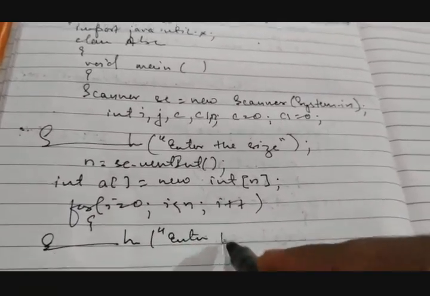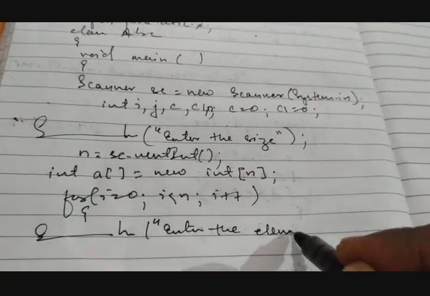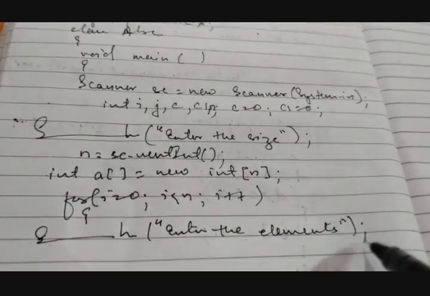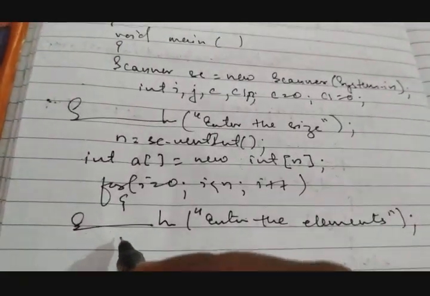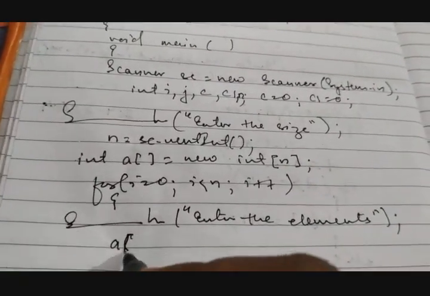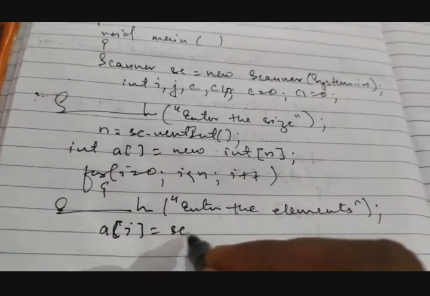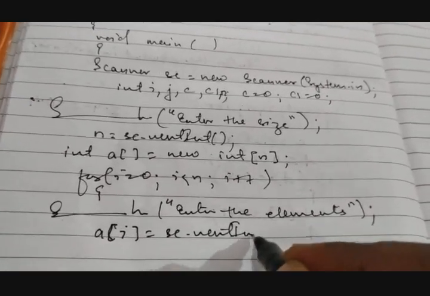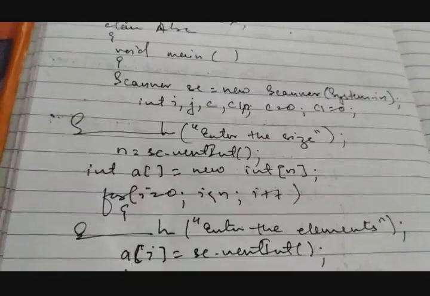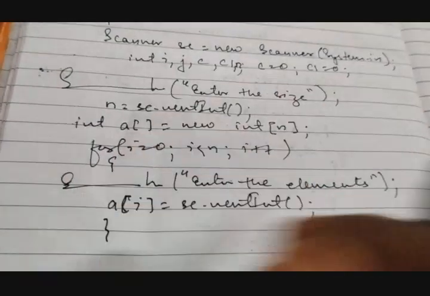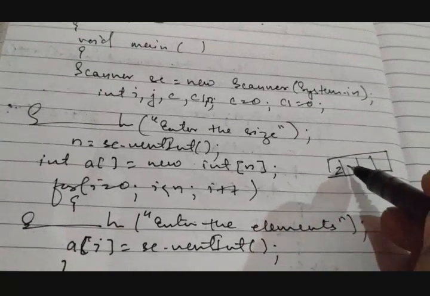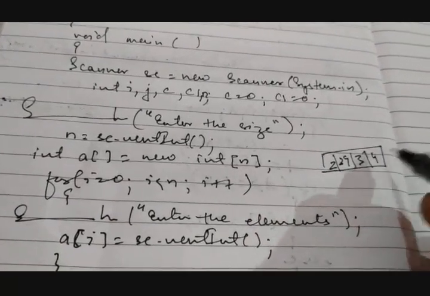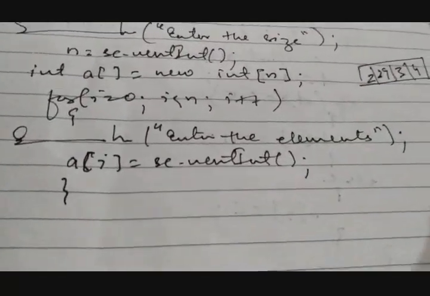Enter the elements, sc.nextInt() method, close. So for element entry, you have created an array and you have entered the elements here. Alright, 2, 29, 3, 4, likewise element entry has been done.